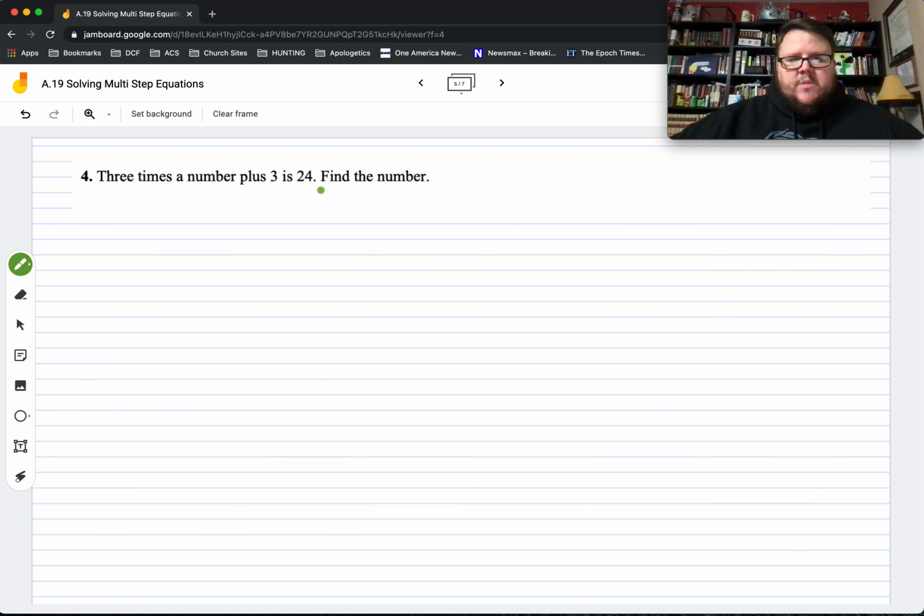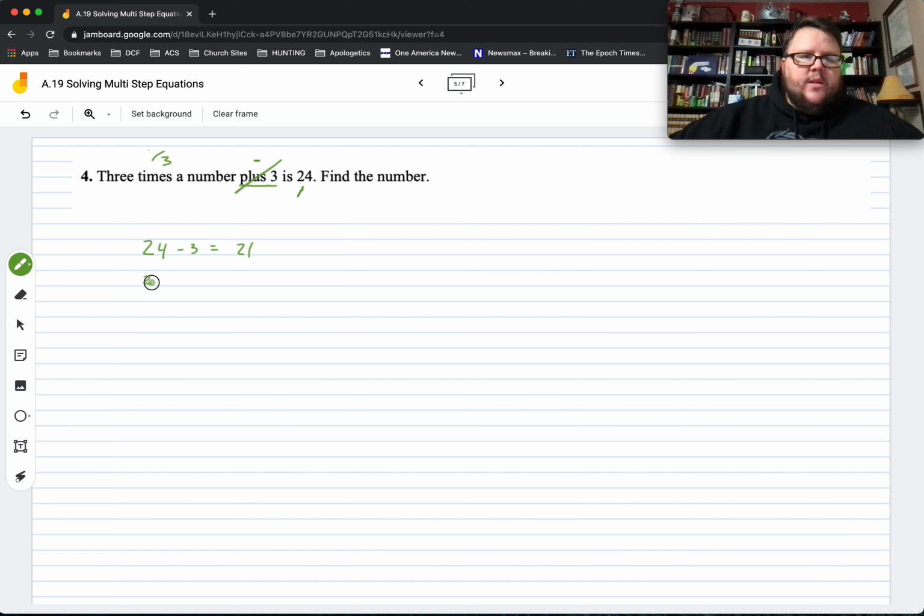Let's do this one. 3 times a number plus 3 is 24. So find the number. We're going to start with our end result, which was 24. Plus 3, so the opposite would be subtracting 3. So 24 minus 3 is 21. And then 3 times a number, right? So instead of multiplying by 3, we're going to divide by 3.